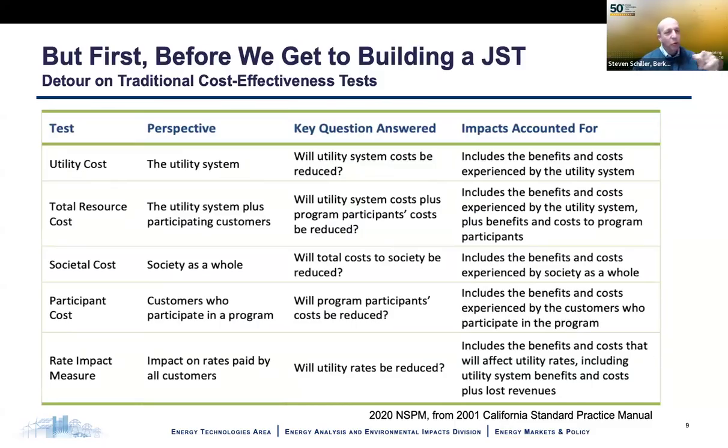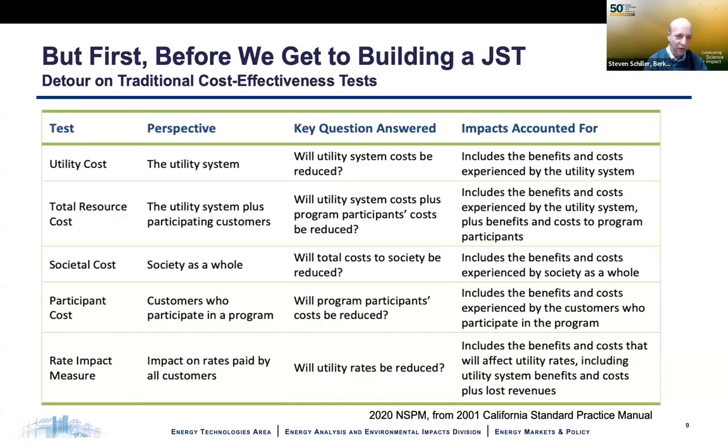Excuse me. Well, and one more thing before we get on to building that jurisdiction-specific test. There are what we call the traditional cost effectiveness tests, that many of you might have heard of, particularly around energy efficiency programs. These were developed in the late 1990s, last updated 2001, often associated with the California Standard Practice Manual.